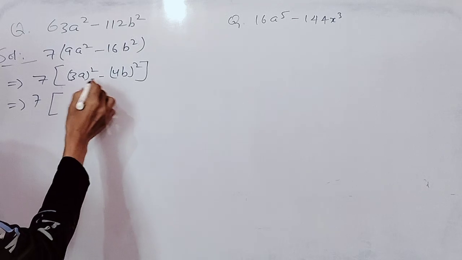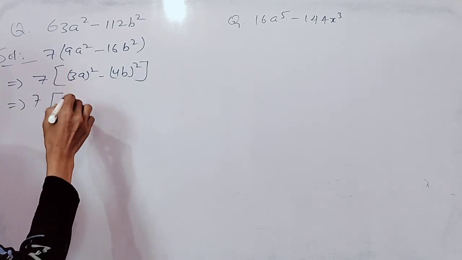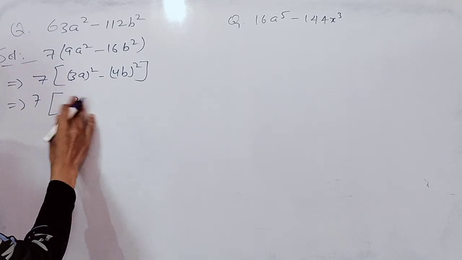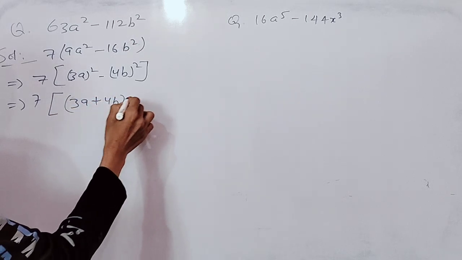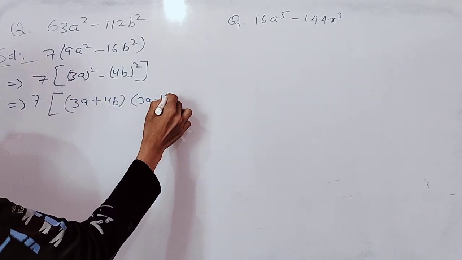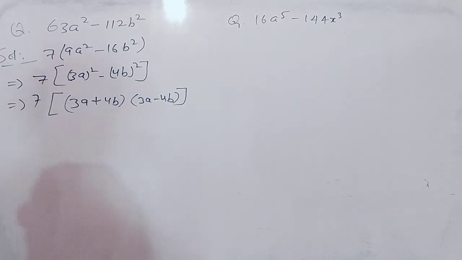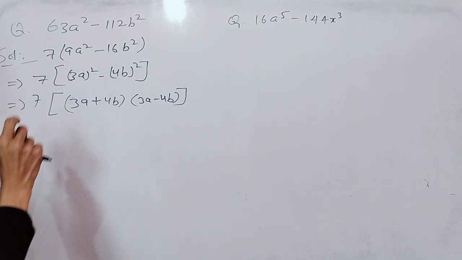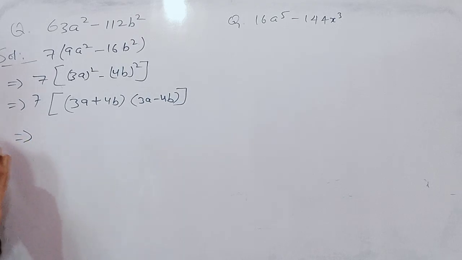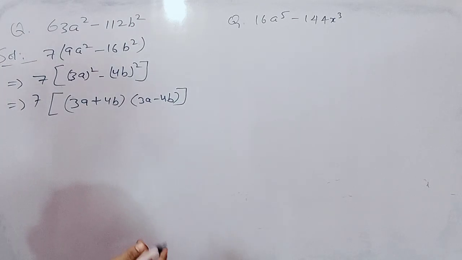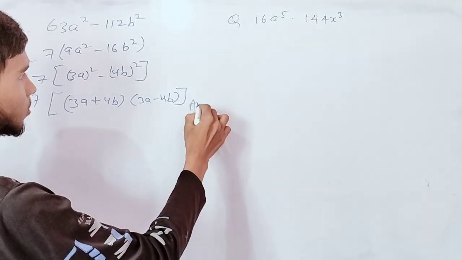Now here 3a is the value of a, 4b is the value of b. 7 times 3a plus 4b, 3a minus 4b. Clear? We applied here the algebraic identity of a square minus b square. Now that's it.